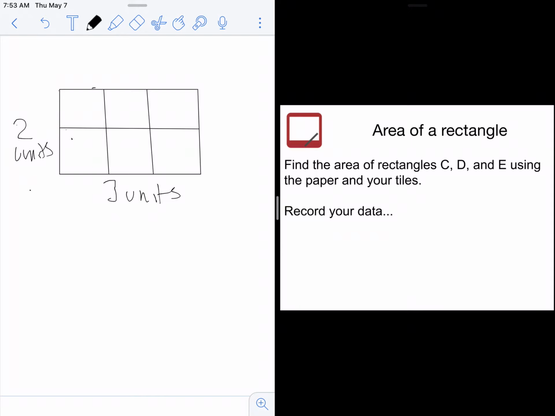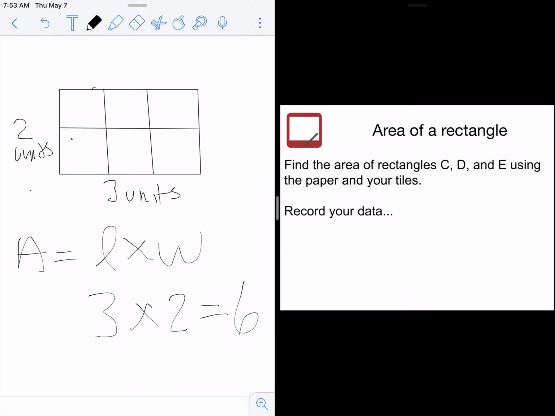What is our area? 3 units by 2 units. Remember, area is length times width. So 3 times 2, which equals 6.